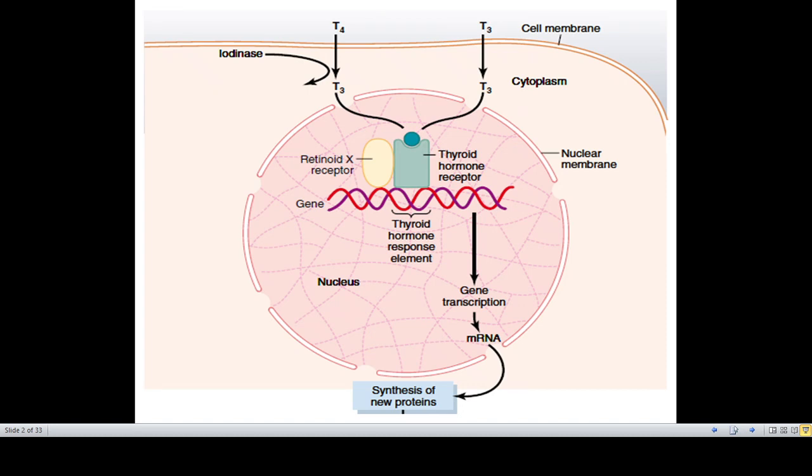In this figure you can see that the thyroid hormones act through the nuclear receptors, and T4 is also changed to T3.